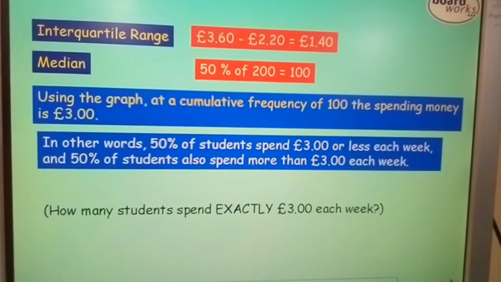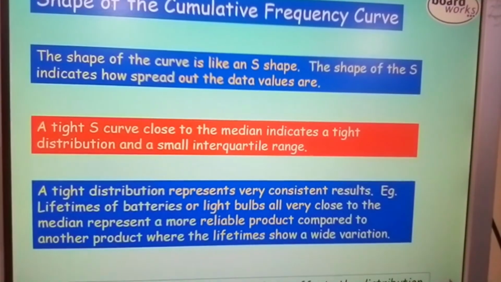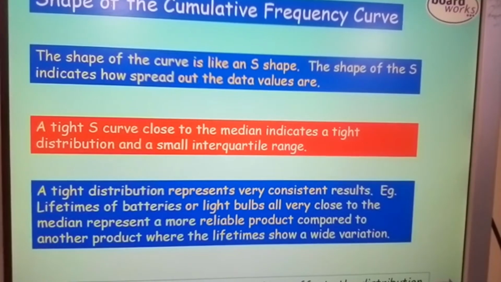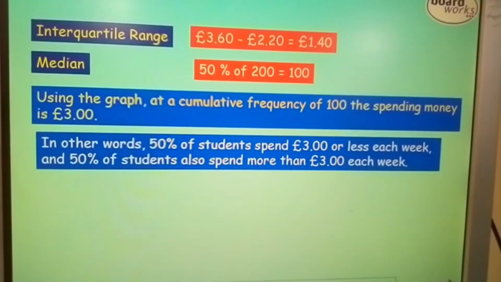How many students spend exactly £3? Let's go back a bit. How many students spent exactly £3? Let's go back and have a look.